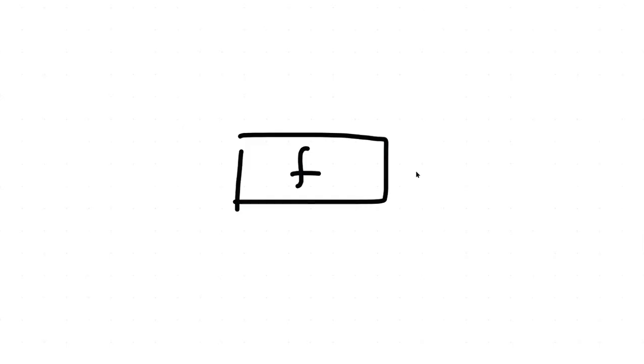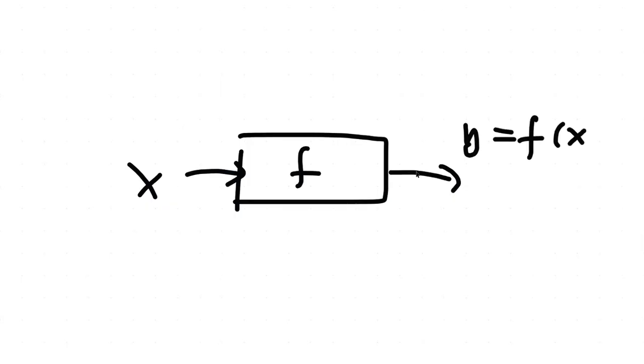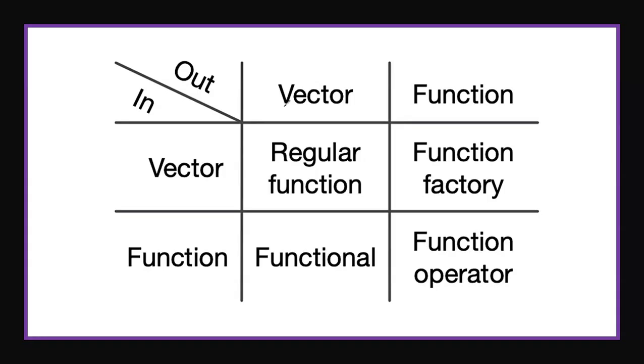So you have some variable, say x, and you produce y equals f of x. This type of function is what we call vector input and vector output. That's the regular function.